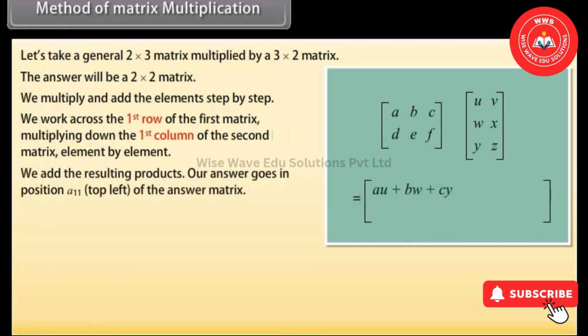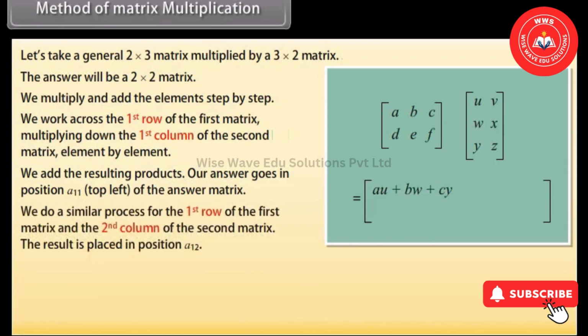We add the resulting products. Our answer goes in position a11, that is the top left of the answer matrix. We do a similar process for the first row of the first matrix and the second column of the second matrix. The result is placed in position a12.